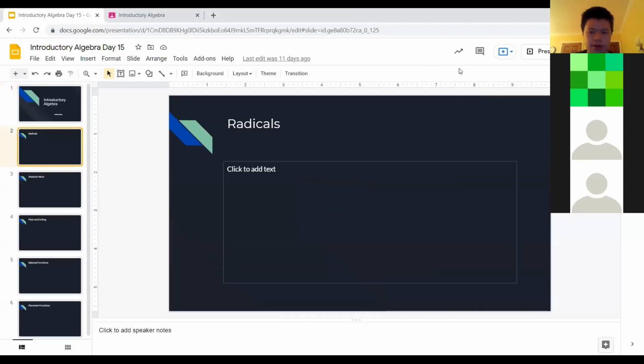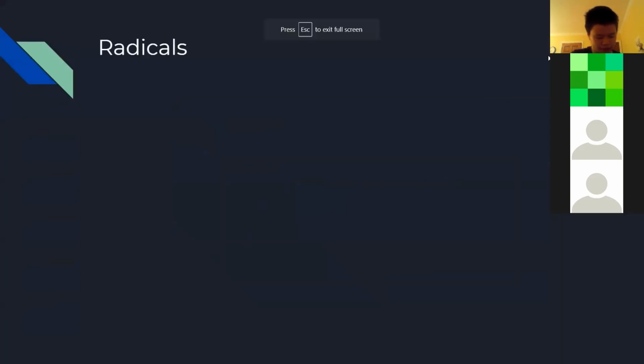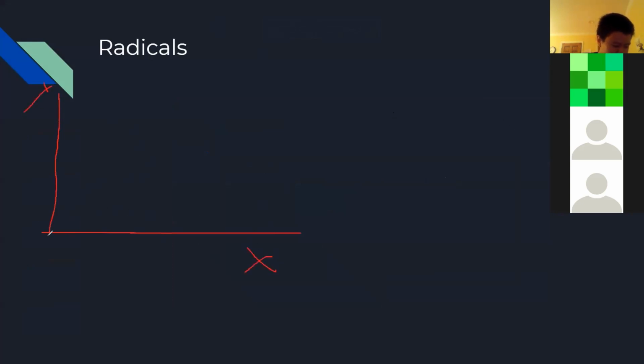Okay, so today we're going over functions. So radicals, I've explained this before. I'll go more into detail. So let's graph a radical.